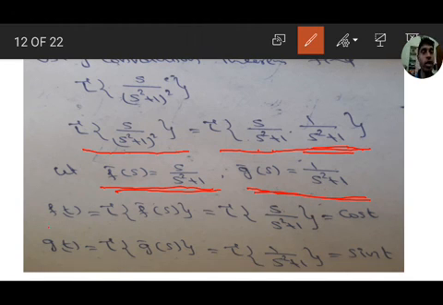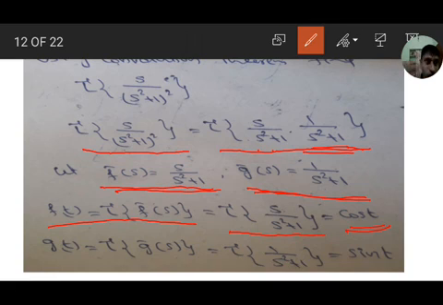So f of t equal to L inverse of f bar s, that is L inverse of s by s square plus 1. The formula is L inverse of s by s square plus a square equal to cos a t. Here a means 1, therefore it is cos t.